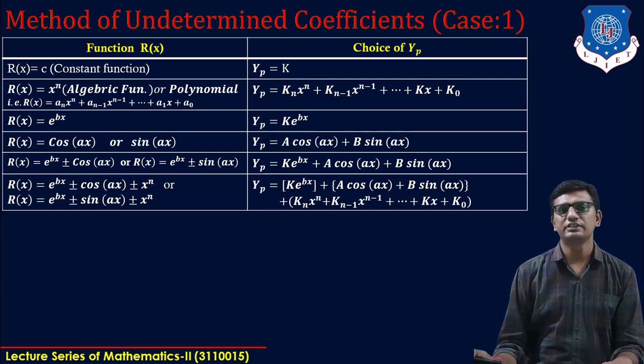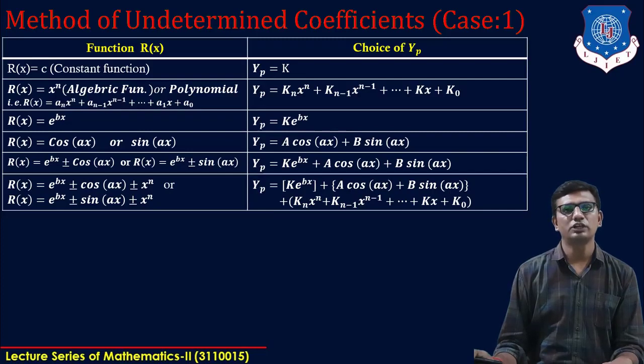If r(x) is a linear combination of all three functions, then yp is like k e raised to bx, a cos ax and b sin ax, kn x raised to n, kn minus 1 x raised to n minus 1 up to k0.